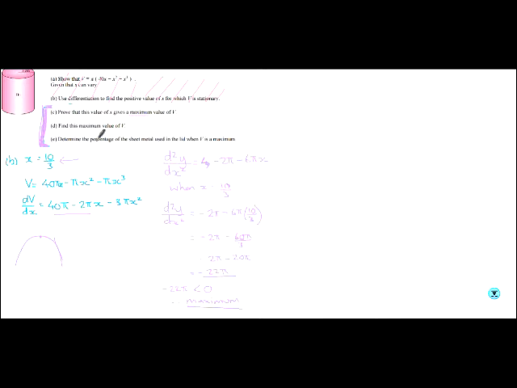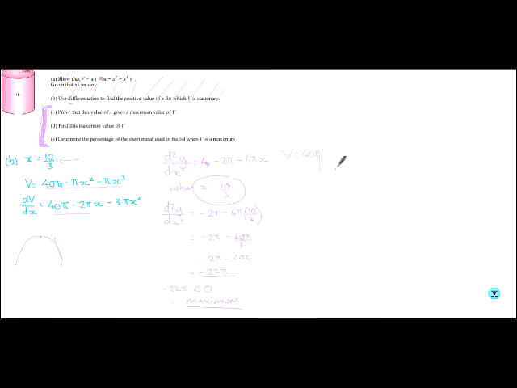Okay, so let's find this maximum value of V. We've now just got to pop this into our original for V, which is here. Let's change color again. So V equals 40 pi lots of x, so let's pop that in there.